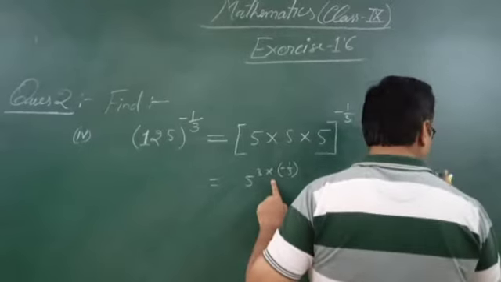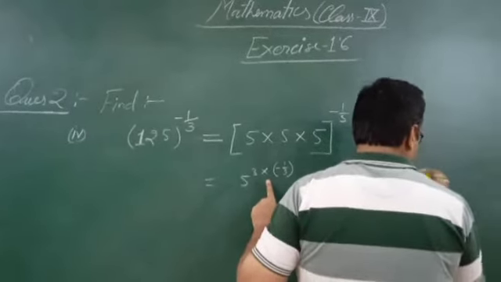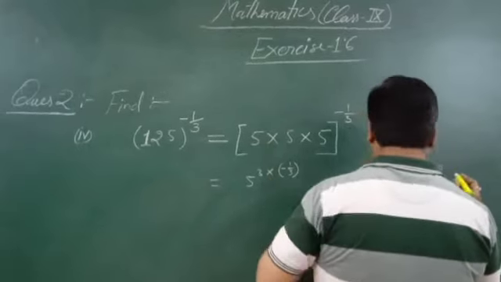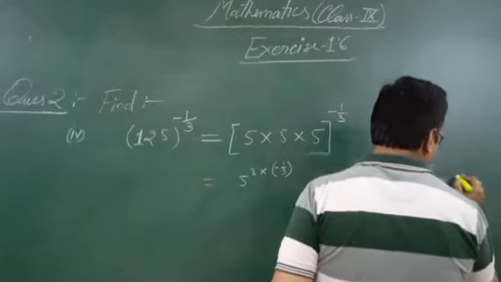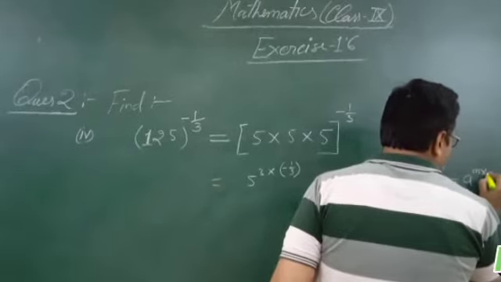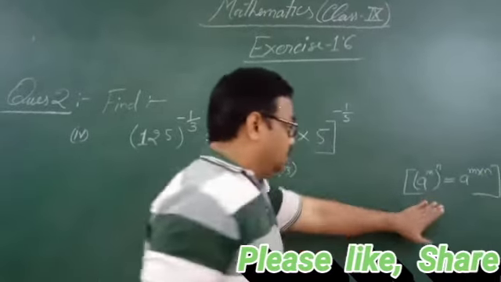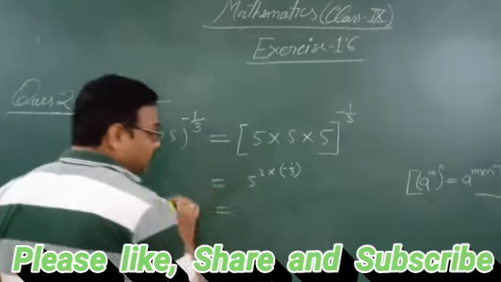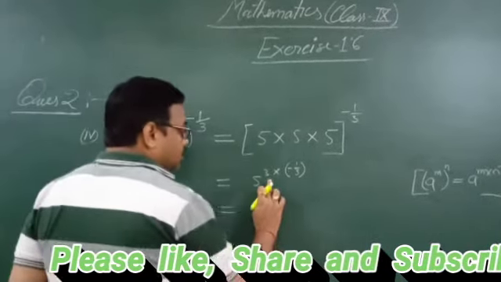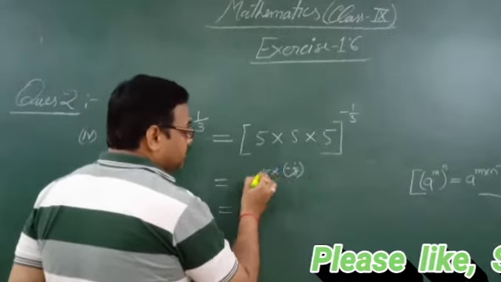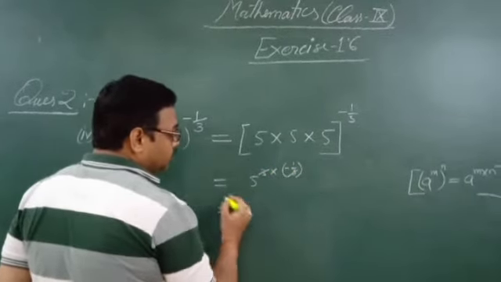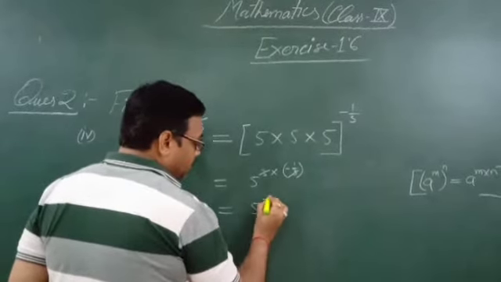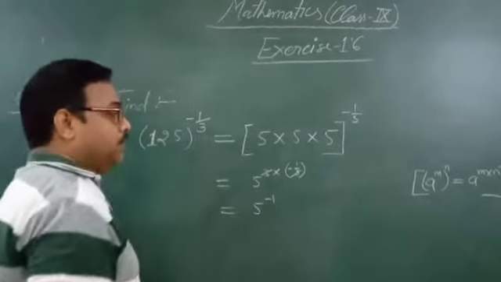This thing is very important, that always write the laws of exponent in front of the step where you are applying it. Always do this step of writing the laws of exponent. Now what will happen? You will divide this 3 by this 3, and here you will get 5 to the power minus 1.